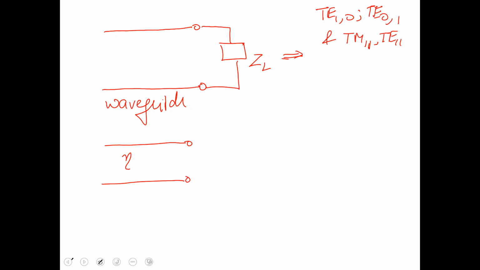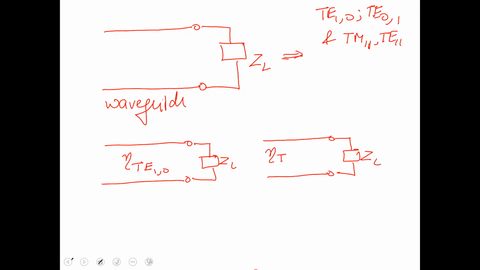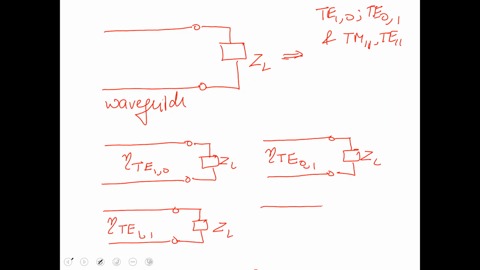Then it's equivalent to having a waveguide which has eta TE10 connected to a load, with some power going in that, plus a waveguide which has eta TE01, plus a waveguide which has eta TE11, and a waveguide which has eta TM11.